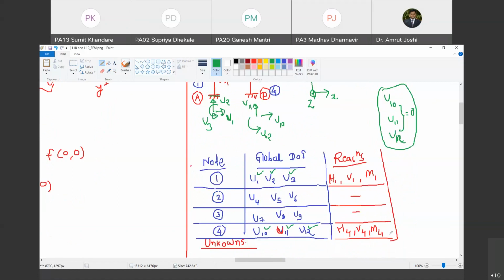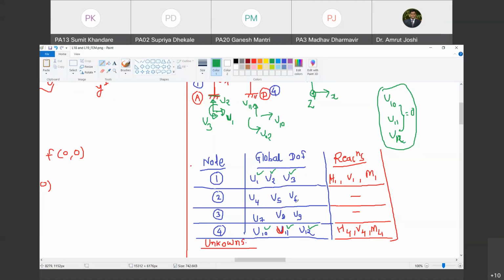Are you with me? Yes, sir. In order to force U1, U2, U3 to 0, you will have to come up with reactions H1, V1, and M1. So they will remain unknown there. Similarly, U10, U11, and U12 are known. So therefore, reactions there must be unknown. Yes, sir.